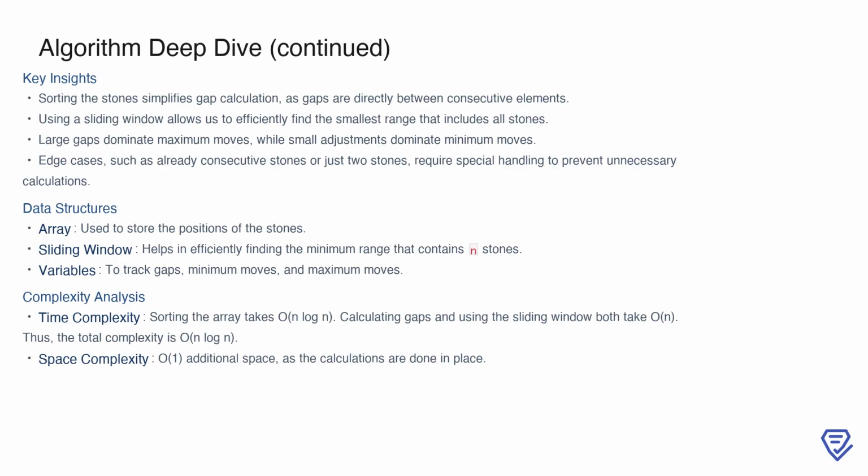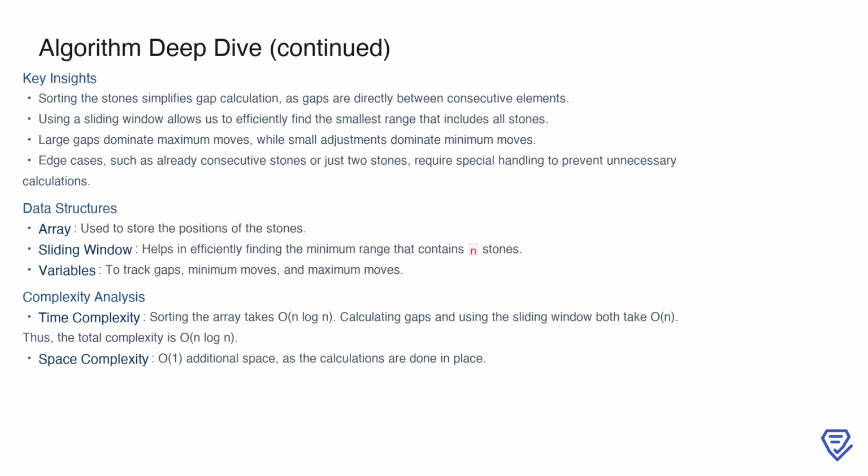Special edge cases, such as stones that are already consecutive or configurations with only 2 stones, require tailored handling to avoid unnecessary computations. For the data structures, we primarily use an array to store the stone positions, a sliding window to efficiently identify the smallest range, and variables to track the gaps and the move counts.